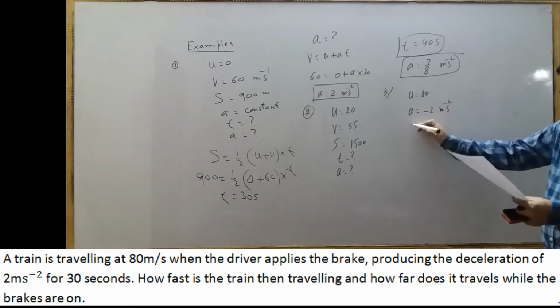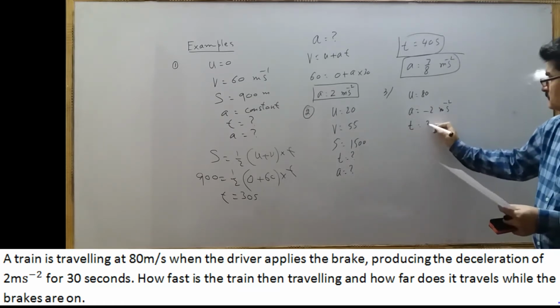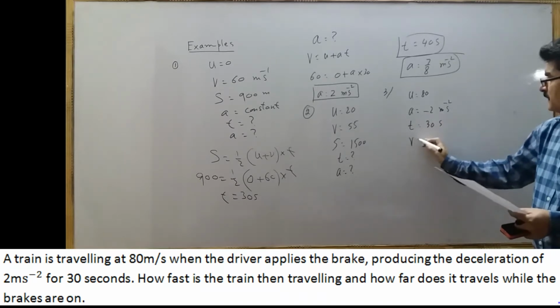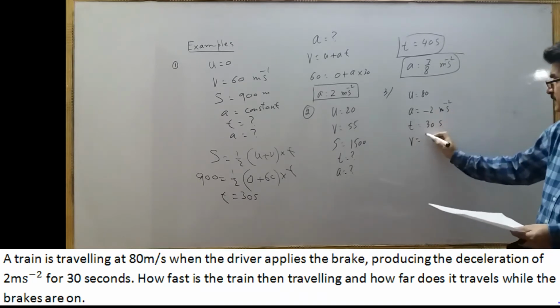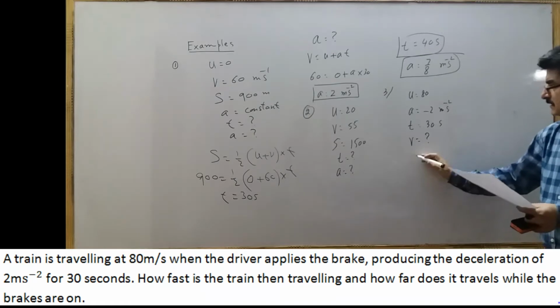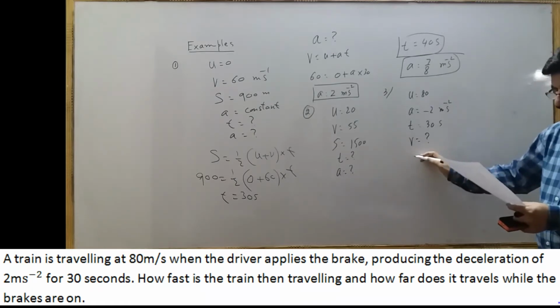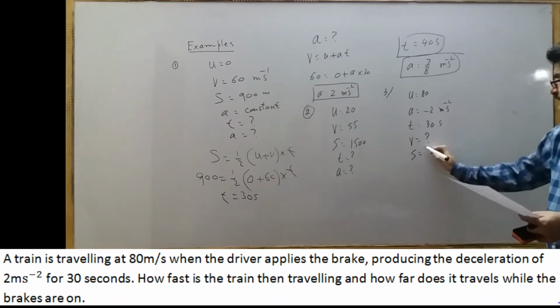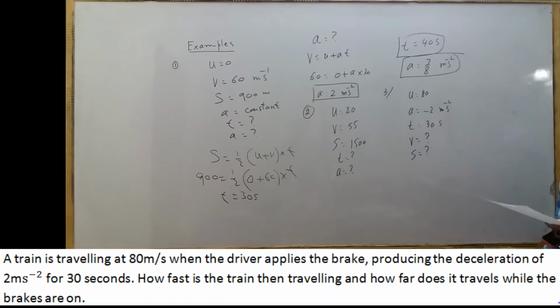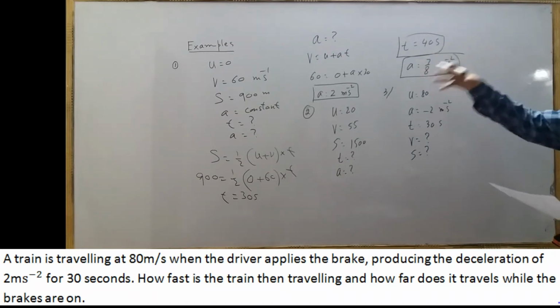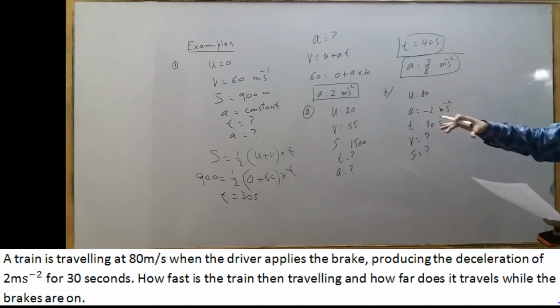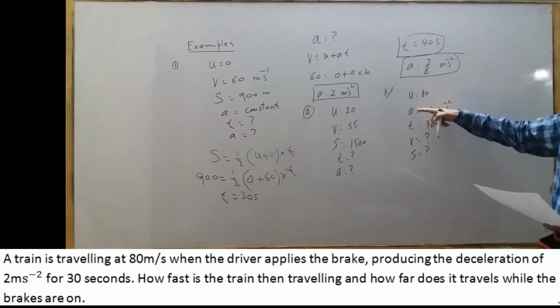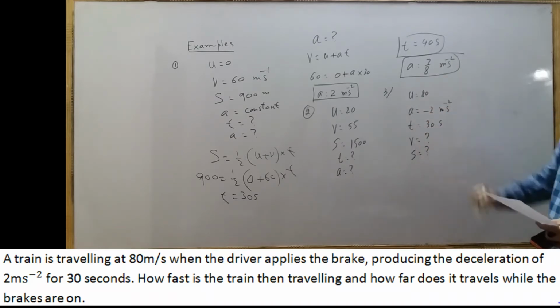Now how fast, time is given 30 seconds. How fast it is moving after 30 seconds with the same acceleration, and then you have to find also distance, how much distance it will cover. Now again you have to select one of four equations involving u, a, t and v.